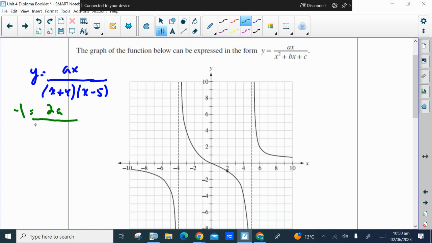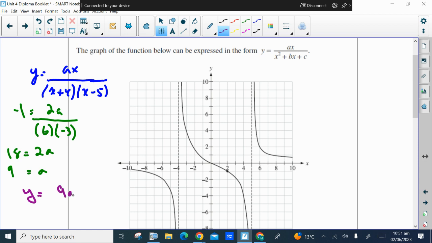I'm going to let x equal 2. So on the bottom, 2 plus 4 is 6. 2 minus 5 is negative 3. So that's going to give you negative 18 on the bottom. And when you multiply both sides by negative 18, you'll get positive 18 on the left equaling 2a on the right. Divide by 2 and a equals 9. So now we can write the final equation and state our values of a, b, and c.